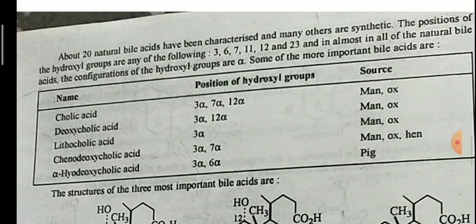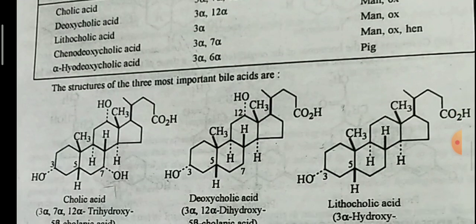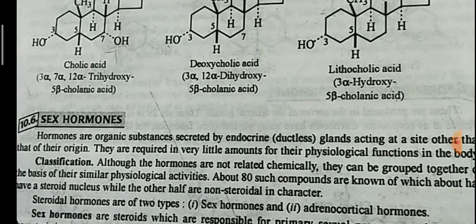Hyodeoxycholic acid, 3 alpha, 6 alpha, pig. The structures of the three most important bile acids are: cholic acid, 3 alpha, 7 alpha, 12 alpha-trihydroxy-5-beta-cholanic acid. Deoxycholic acid, 3 alpha, 12 alpha-dihydroxy-5-beta-cholanic acid. Lithocholic acid, 3 alpha-hydroxy-5-beta-cholanic acid.